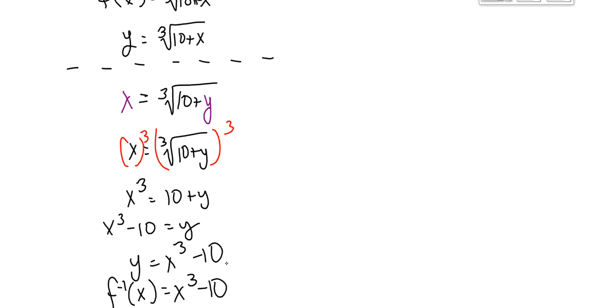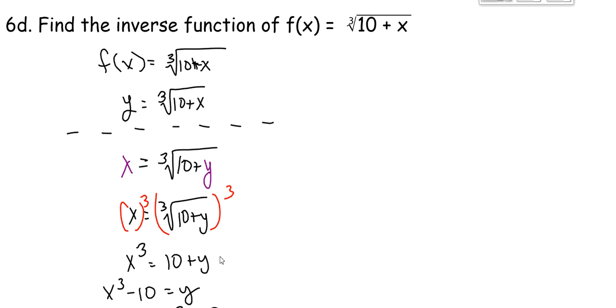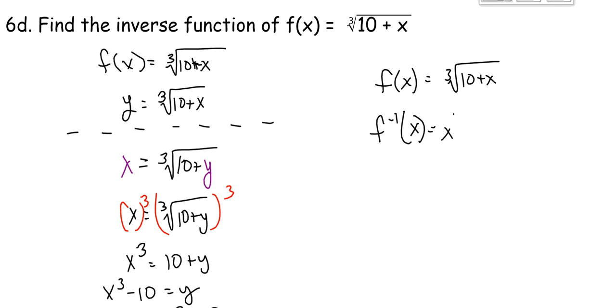So I'm going to slide this up. f of x was the cube root of 10 plus x, and f inverse of x is x to the third minus 10. And that is the last problem we're going to look at today.